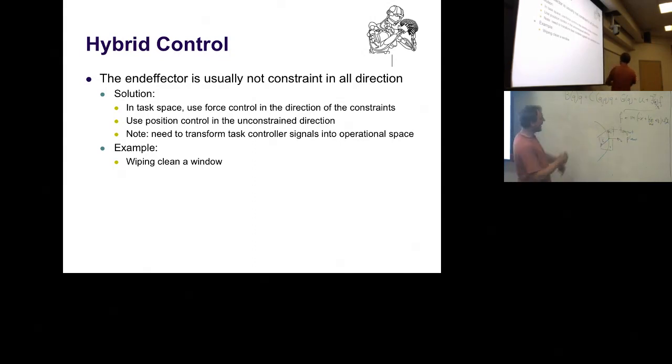But I now can create, basically in the tangent plane, a control law which simply creates a force in the T1 direction, which is something like x double dot desired plus k_v times x dot T1 desired minus x dot T1, plus a P control term, k_p times x T1 desired minus x T1.